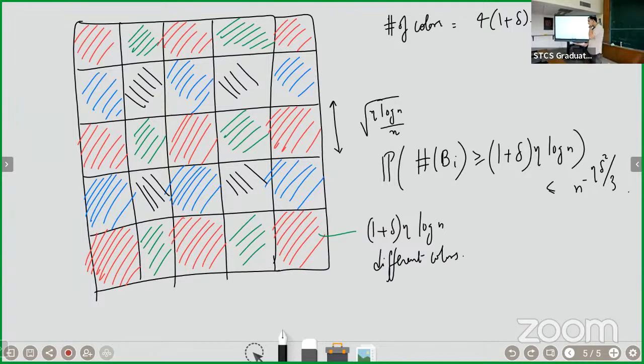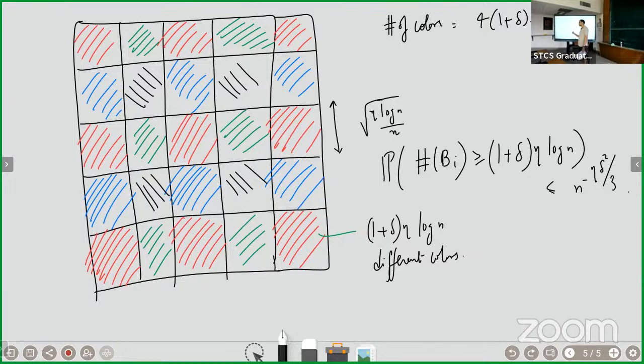Why am I writing different colors in different boxes? Just to make sure that no point here has the same color, and even inside here I'm going to assign different colors. With what probability am I successful, that no 2 nodes here have the same color?